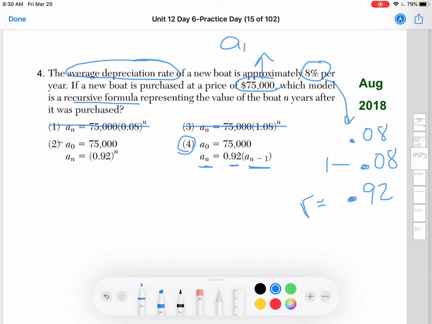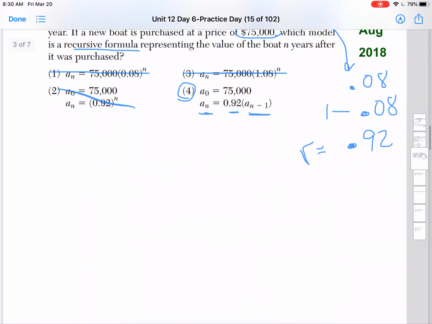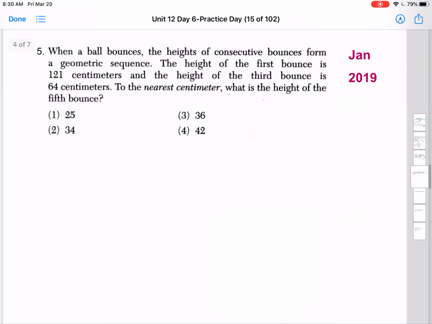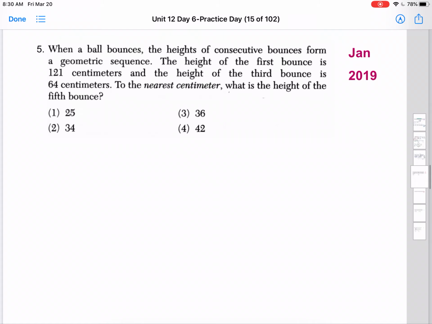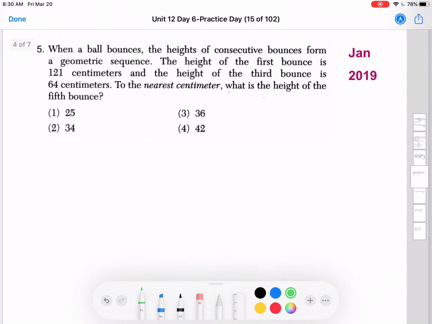Those are no good, no good. You're never going to have n as your exponent with a recursive definition. So that worked out nicely for elimination. And I know some of you guys that love to eliminate without doing the work would love that question. All right. Especially period 7. Okay, when a ball bounces, the height of consecutive bounces form a geometric sequence.